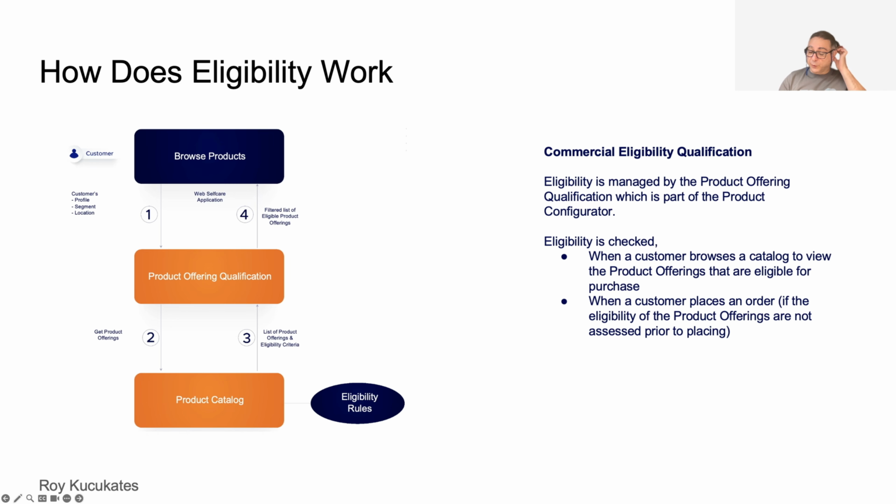So an order can be placed directly by a component without going through the browsing phase. In that sense, a product order manager may want to check the eligibility criteria of the order items so that we can only sell the eligible product offerings.